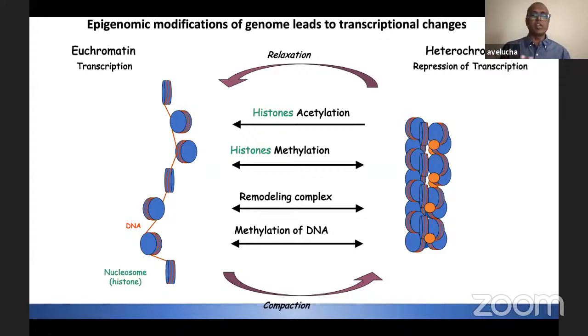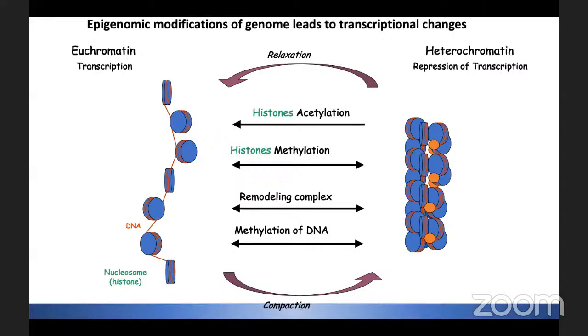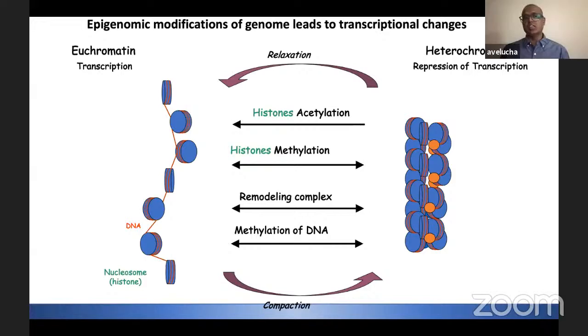For example, in children there are some modifications happening, but in adults those modifications will be erased. So this is a dynamic process. Certain genes are expressed in one condition, and in another condition a different set of genes can be expressed. It goes back and forth.